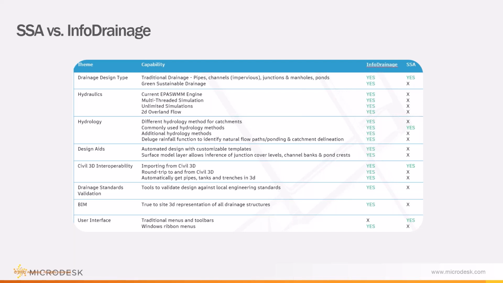And then you can bring all of your analysis and all of your design directly into Civil 3D. Whereas really, all you can do is export the storm sewers from storm and sanitary analysis, and then bring that into Civil 3D. And that's not exactly entirely what you're looking for.